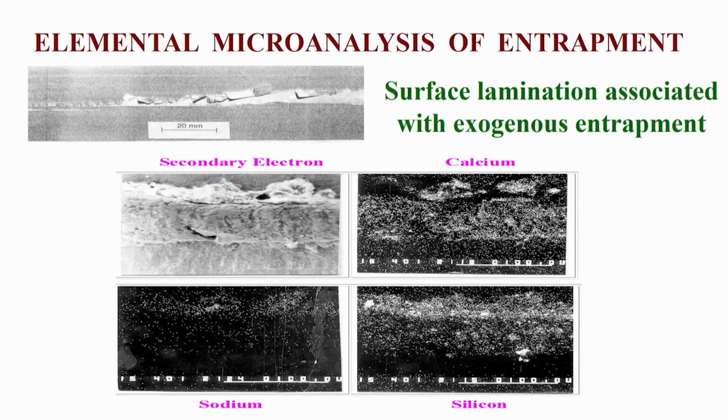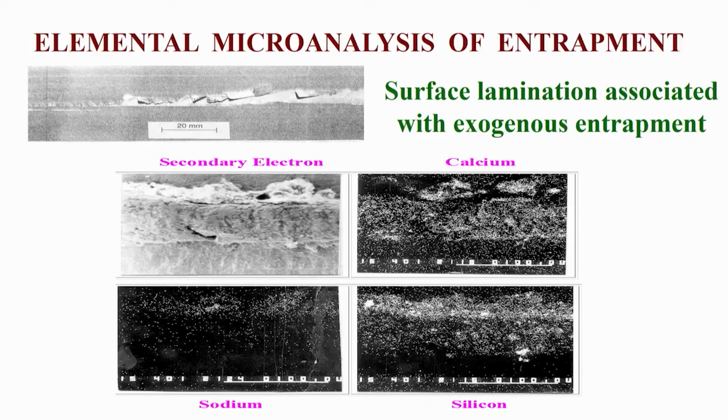As I have told you earlier, if sodium is present, we normally say this entrapment is basically mold slag. I am talking about the continuous casting mold, which uses as powder some amount of silicon oxide, some calcium oxide, some sodium oxide, and some calcium fluoride. So, if sodium is present, we normally know that it has come from mold slag entrapment.